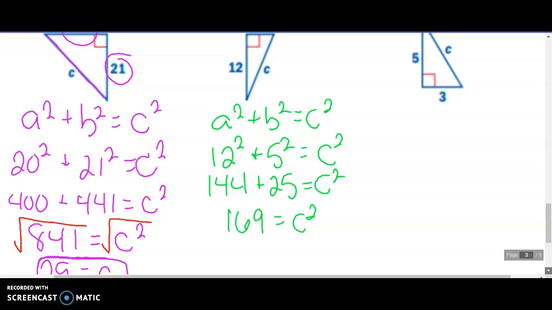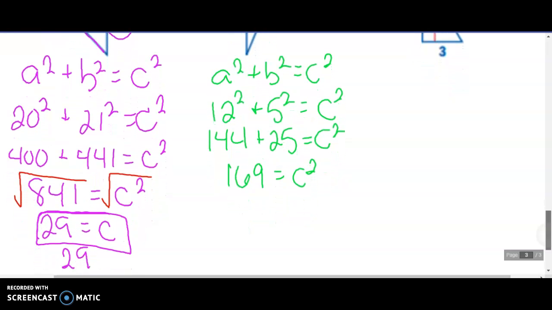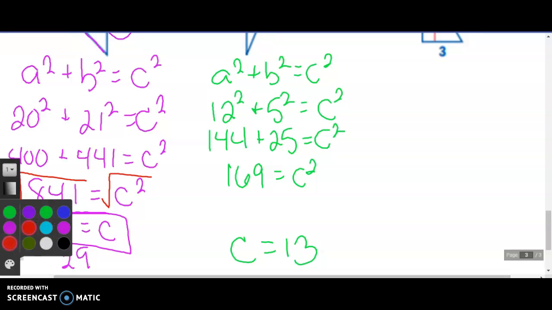And hopefully you recognize that from earlier in the year when we worked with square roots and squares: what number times itself equals 169? The answer is 13. But again, if we didn't remember that, we could just do the square root of both sides and get c equals 13.